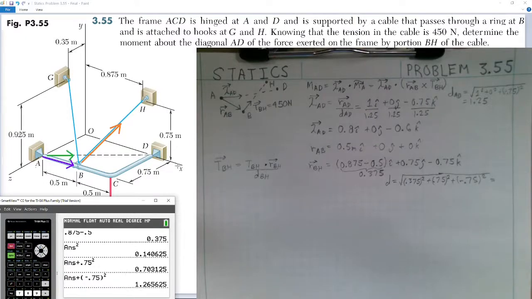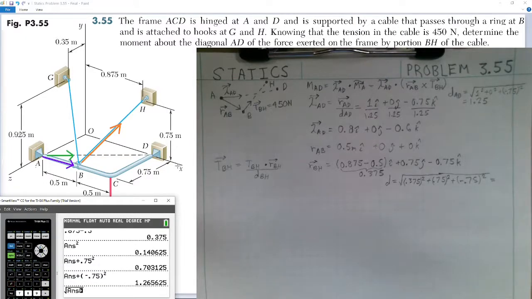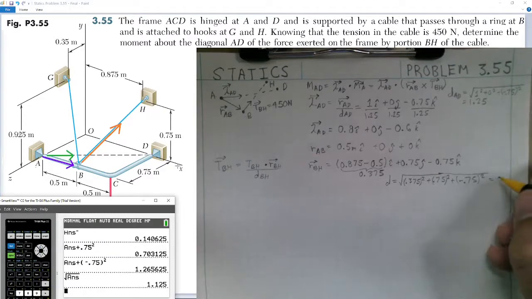We'll square root this answer and determine our distance is 1.125 meters.